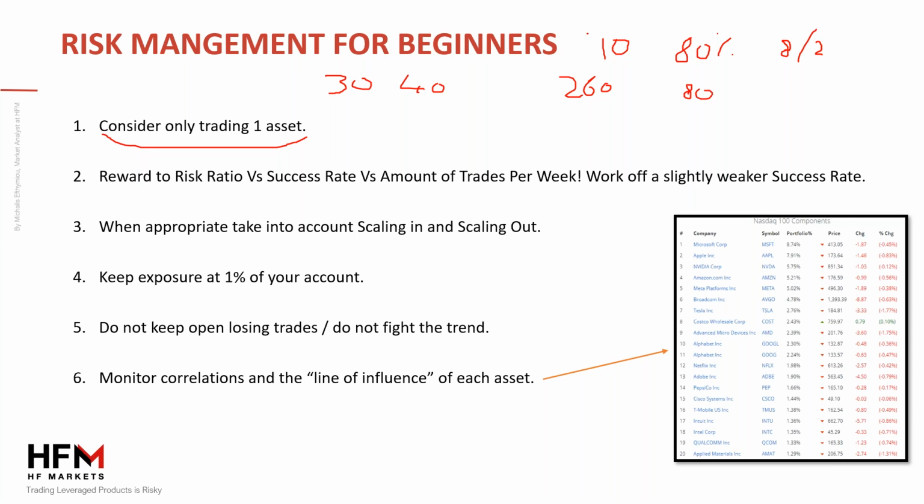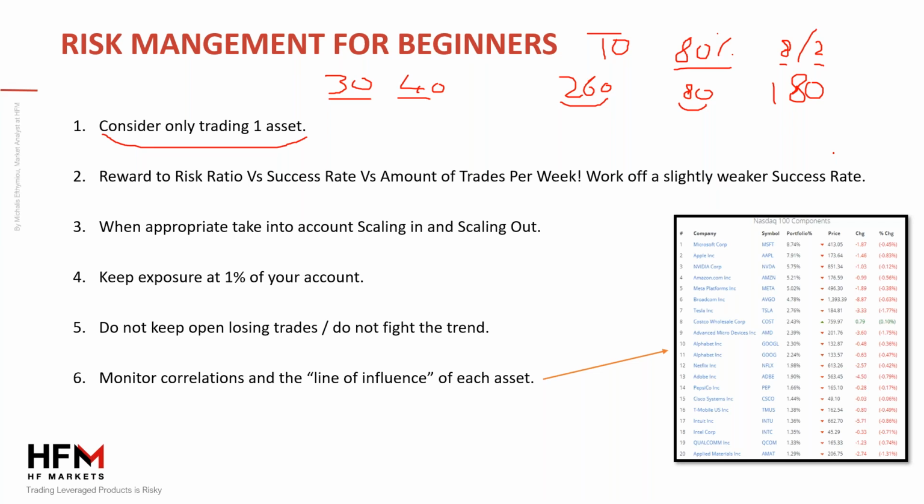So based on 10 trades, 80% success rate, that's 8 trades in a profit, 2 in a loss. I know my reward to risk ratio. I'm aiming to earn $30 on every trade and risking 40. So I know I've got 240 profit, 80 loss, so I'm earning $160 per week.